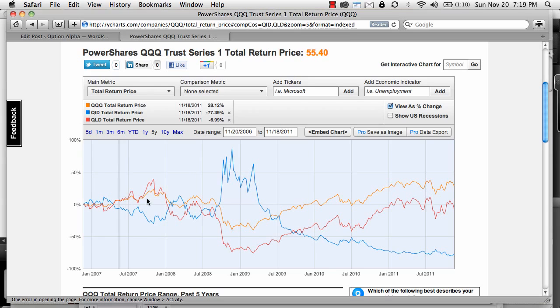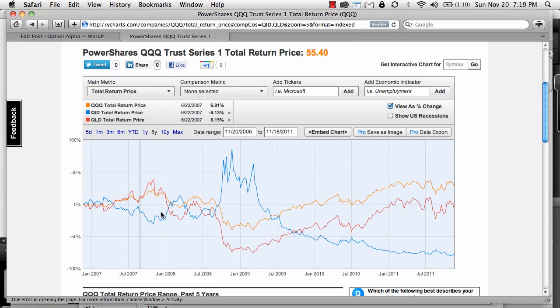And so I've put the returns on here for the last 5 years. And so you can see that the orange is actually the index, the Qs, or the QQQ. The blue here is the QID, which is the ultra short. And then the red here is the QLD, which is the ultra long of the Qs.